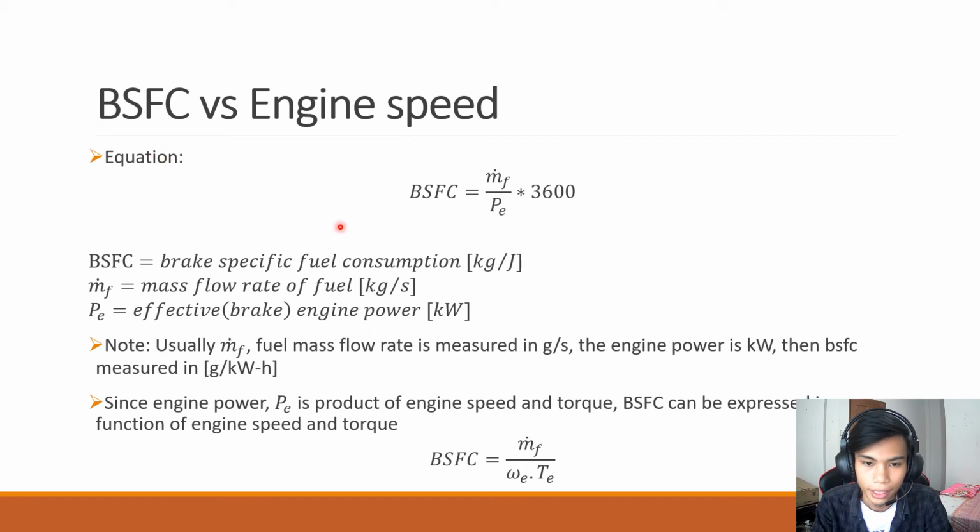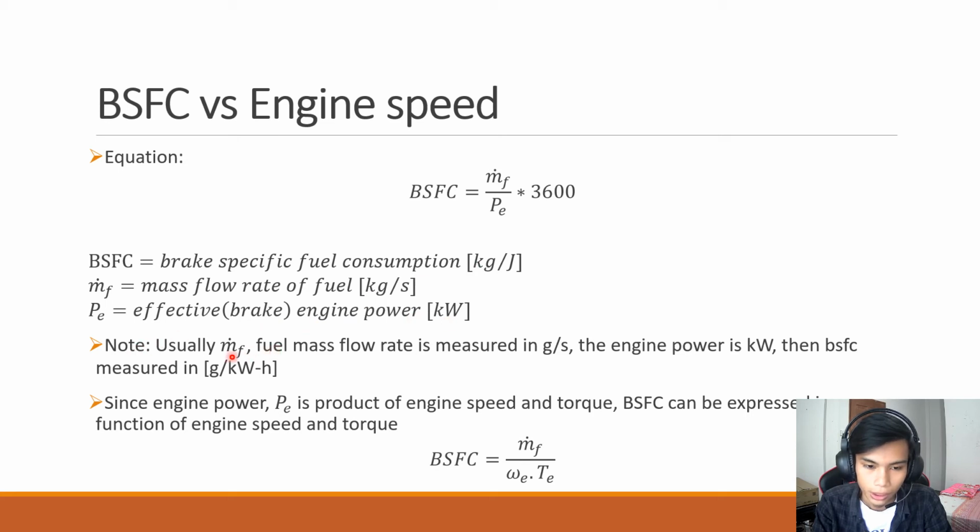So in this slide, from the previous one, we know that BSFC is equal to m dot f over W dot b. To be clearer, this equation represents the basic relationship of brake specific fuel consumption, which is initially measured in kilogram per joule, and m dot f is measured in kilogram per second, and PE is the effective engine power, measured in kilowatts.